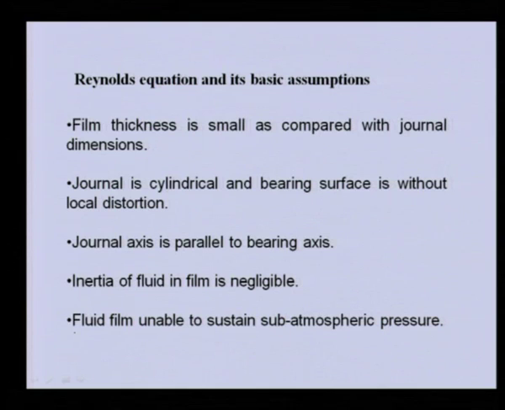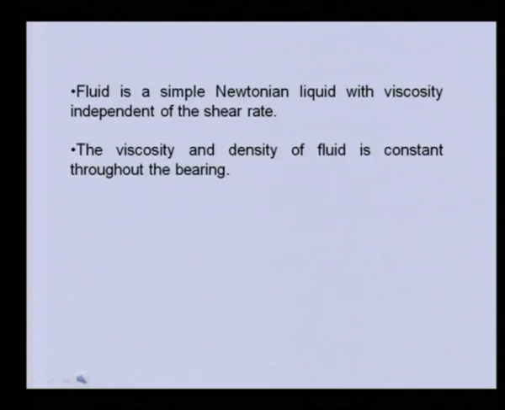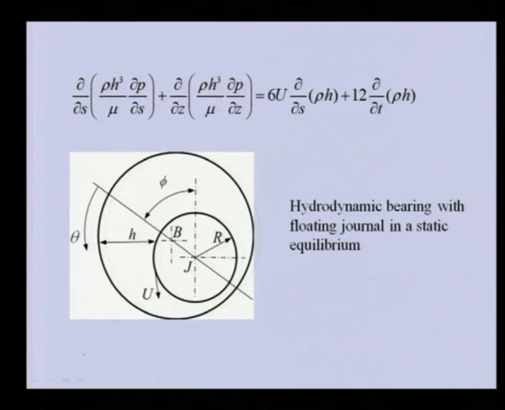So now we will be looking into the Reynolds equation. Before looking into the assumptions of this, let us see how the journal and the bearing occupy their position at some operating speed. So this is the journal. This is basically a circular shape.